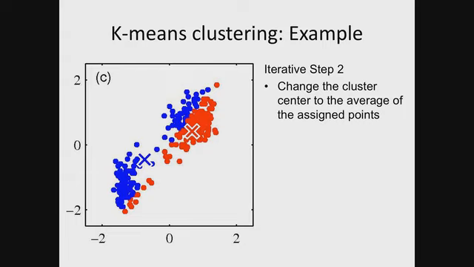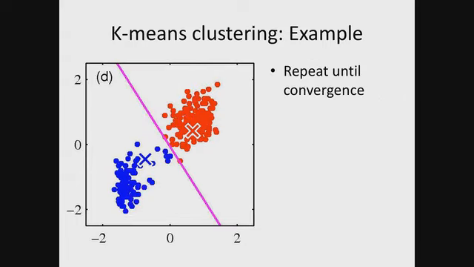And then you repeat. So now you assign every data point to its closest cluster center. By the way, the reason why you're seeing what looks like a linear hyperplane here is because there are exactly 2 cluster centers. And then you repeat, and you're done. Okay, so in fact, I've just shown you the convergence point. So that's the k-means algorithm. It's an extremely simple algorithm.